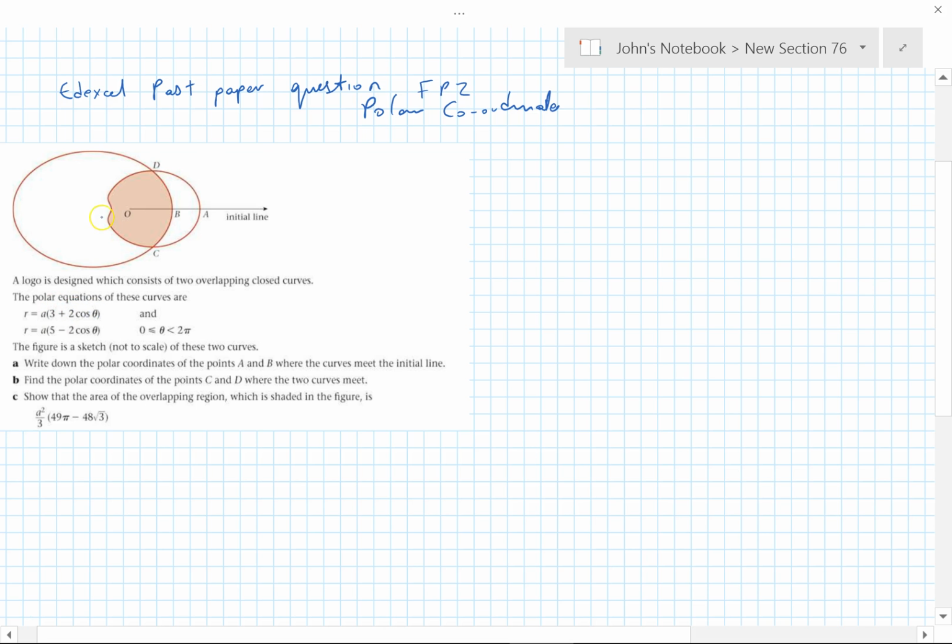Just talking about it briefly, this shape here has got this little dimple in it, which refers to this curve here. And the reason it's got a dimple in it is because this value is 3, which is more than this value, but less than double it.